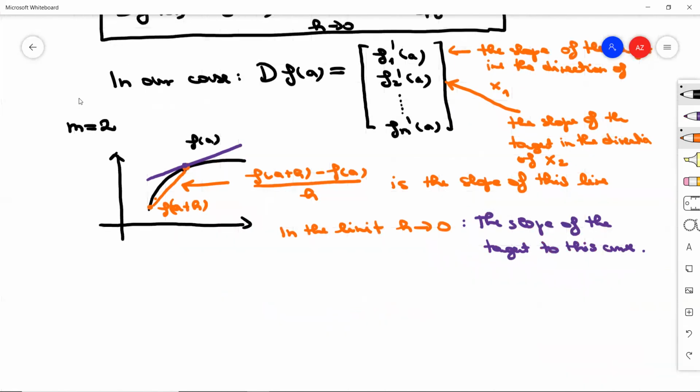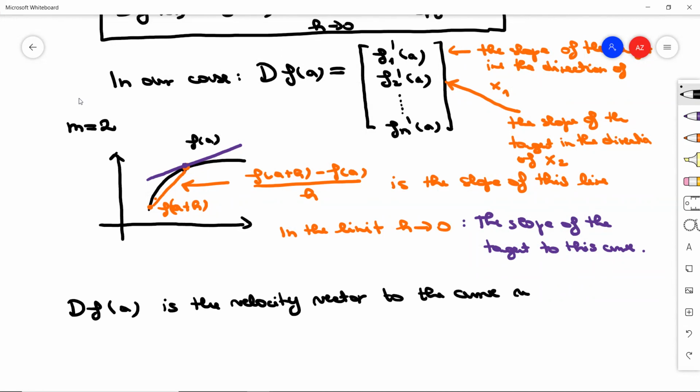So df of a is the velocity vector to the curve when we travel along its path with respect to the parameterization f.